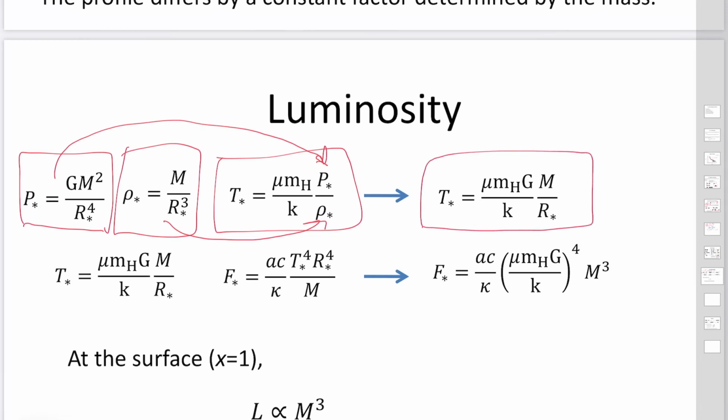T_star equals μ m_H G over k times M over R_star. So this is exactly equal to this equation.